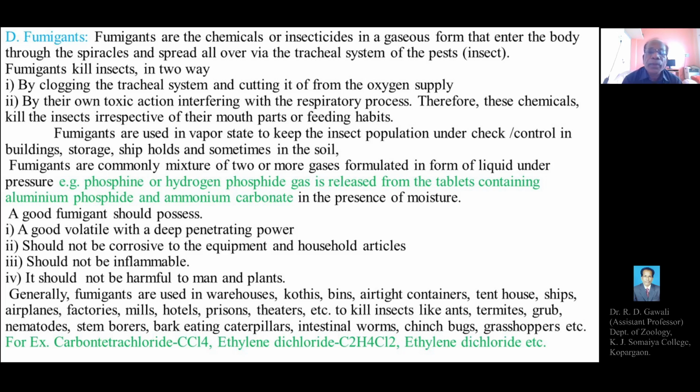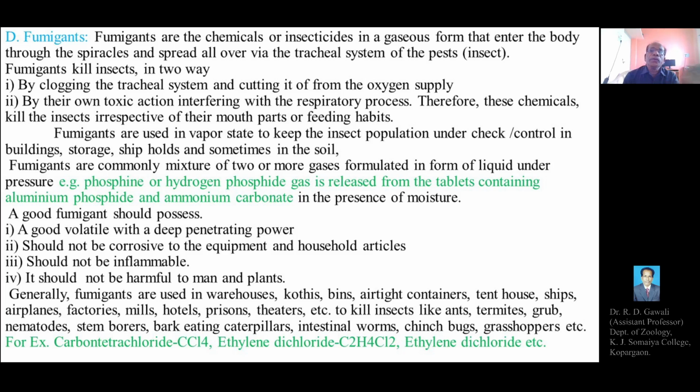There are different examples of fumigants, such as carbon tetrachloride, ethylene dichloride, ethylene dibromide, methyl bromide, and methyl chloride, which can be used for the control of stored grain pests. Usually fumigants are used in airtight conditions because the toxic effect occurs through the vapors.